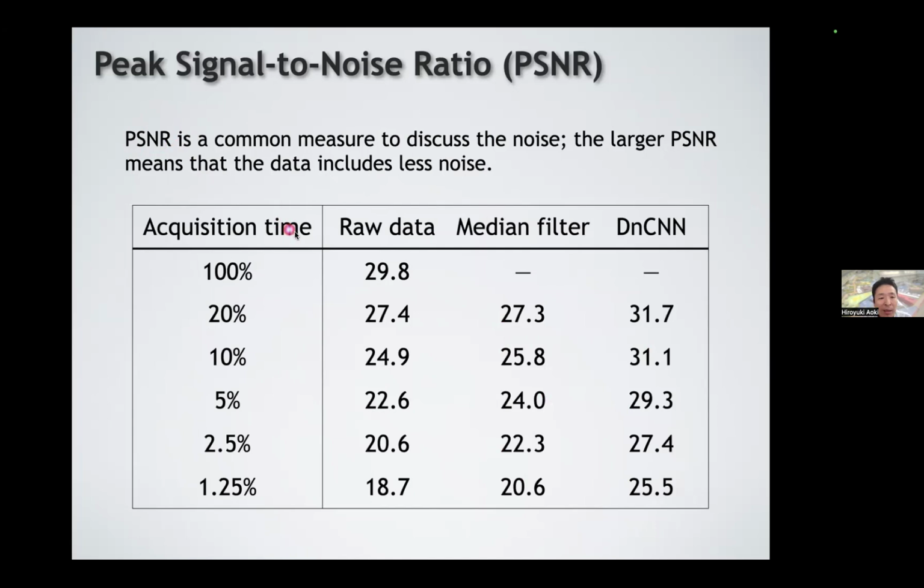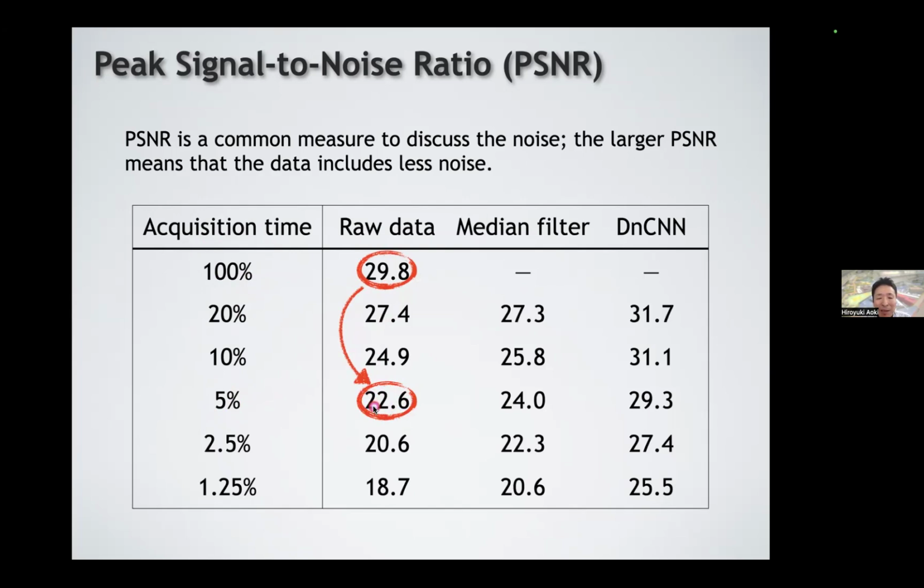In our raw data acquired in conventional acquisition time, usually we can achieve a PSNR of around 30. But by reducing to only 5% of the acquisition time, the PSNR decreased to almost 22. This indicates that with the short acquisition time, the statistical noise increases.